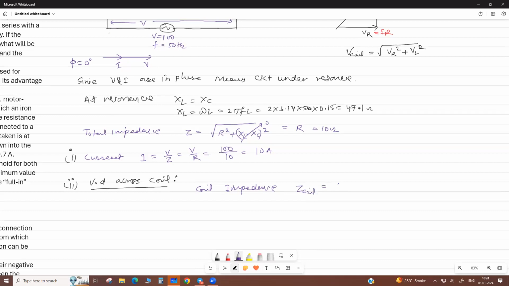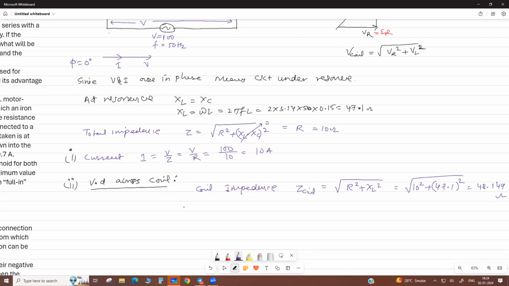ZC is the square root of R squared plus XL squared. Your 10 का square plus 47.1 whole square, root. It is 48.149 ohm. Then this is the Z.